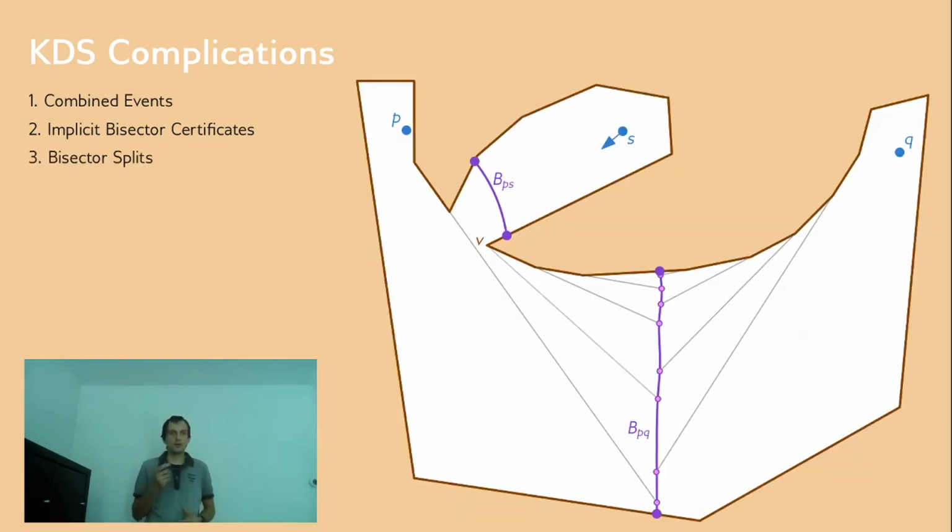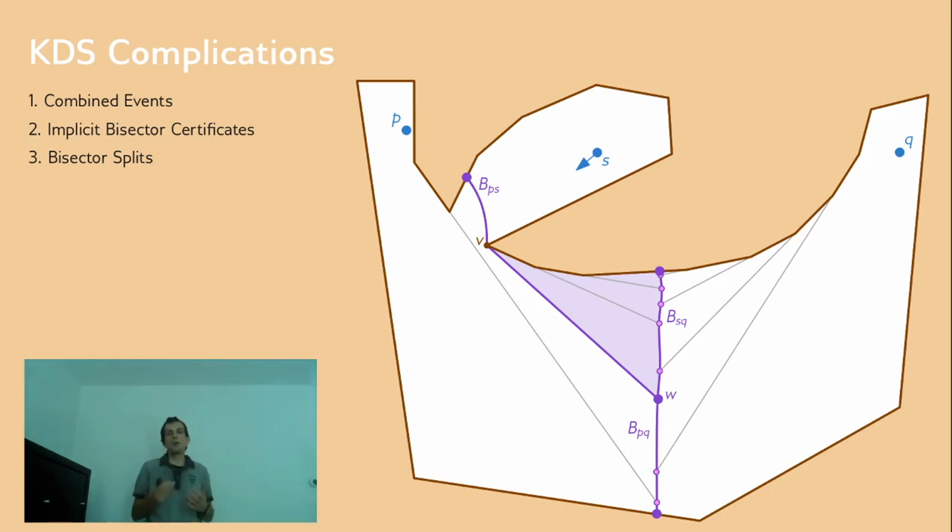Okay, so the final part is similar to this, in that I have these sites that are moving, and here I have this complicated bisector between P and Q. But as S is moving, suddenly this vertex V becomes equidistant to P and S. Again we see this purple region that is part of the bisector, equidistant to P and Q. What this causes is that our very long, complicated bisector between P and Q, we have to split.